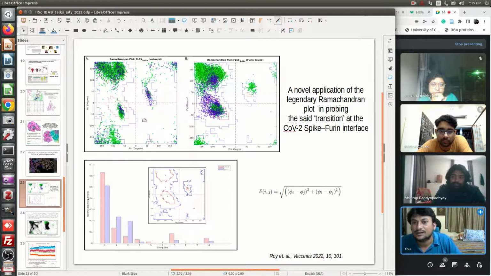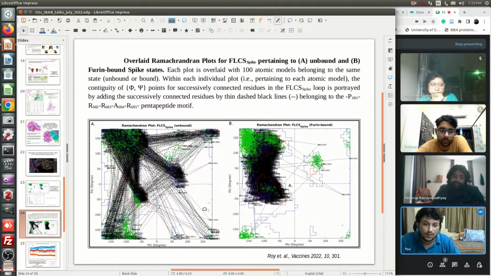Okay, but the fact that these points are falling in the regular secondary structural region doesn't truly portray the nature of the structure, if the connection order is not taken into account. So to take that into account as well, we joined the adjacent phi psi points in the Ramachandran plot.